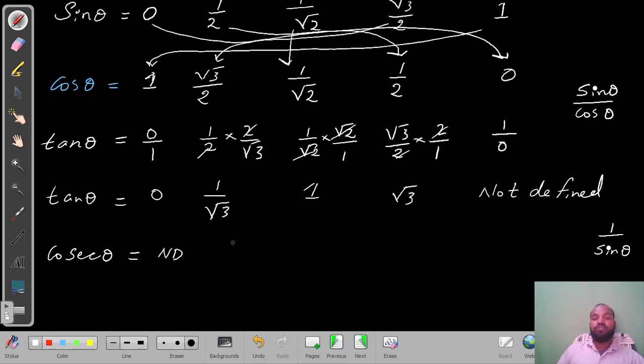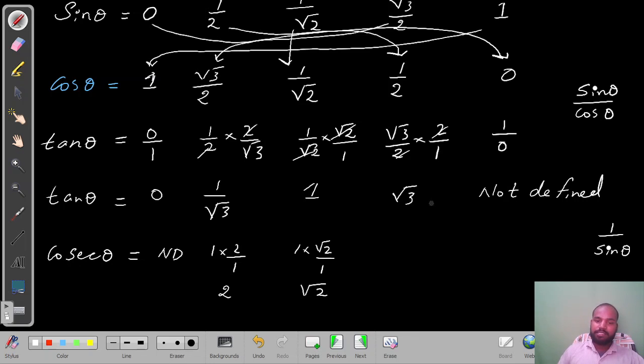Next, 1 by 1 by 2: 1 into 2 by 1, that is 2. So your cosec 30 is 2. Next, 1 by sine, 1 into root 2 by 1, that is root 2. Cosec 45 is root 2.